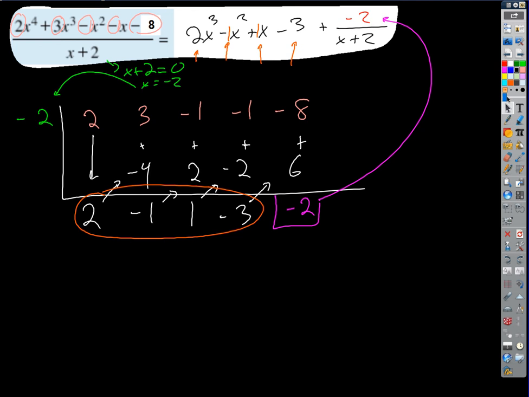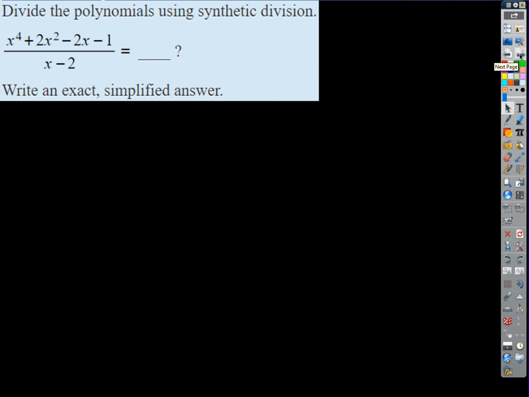So let's try a synthetic division problem. Let's go through one together and then you can try one on your own. So you tell me now, what's going to go where? 2. So I get a 2 out front, because that's the 0 of the denominator, right?